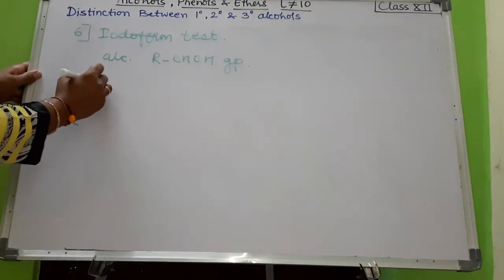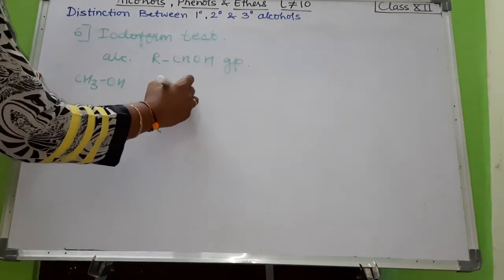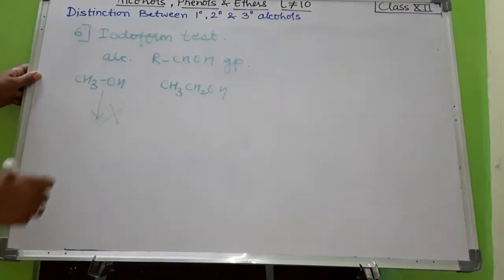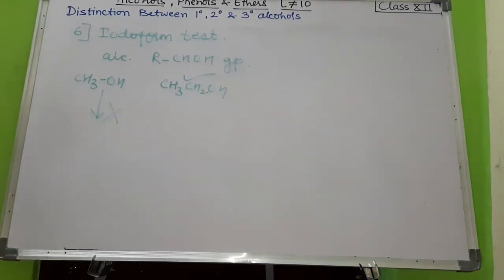If I carry out the iodoform test with methanol and ethanol, that is CH3CH2OH, methanol will not give the iodoform test, whereas ethanol will. So we can distinguish between methanol and ethanol, and all the secondary alcohols give a positive iodoform test. So this was all about the reactions of primary, secondary and tertiary alcohols and their distinguishing tests.